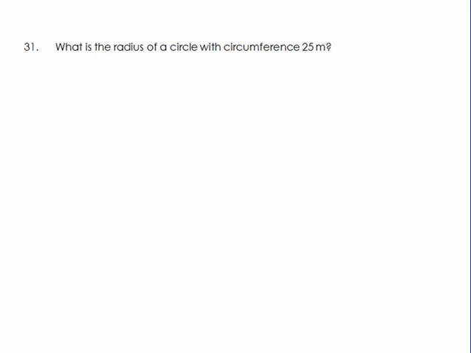Now here it asks, what is the radius of a circle with a circumference of 25 meters? Well, I know the formula for circumference. The circumference of a circle is equal to 2 pi r, where r is the radius.